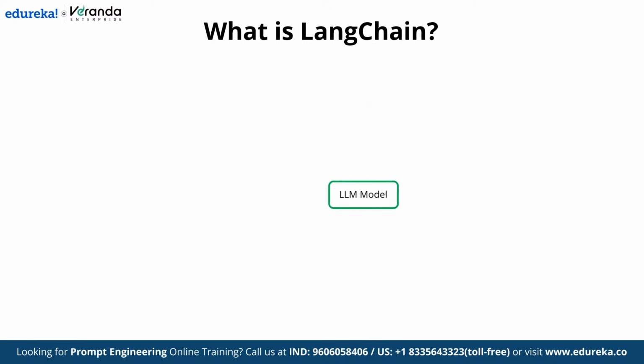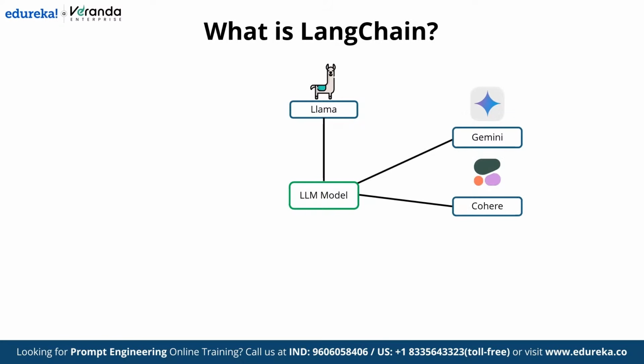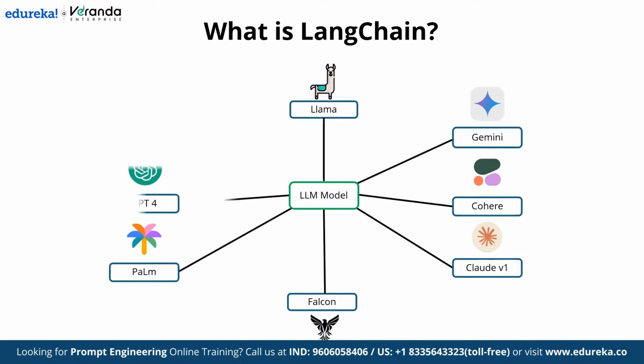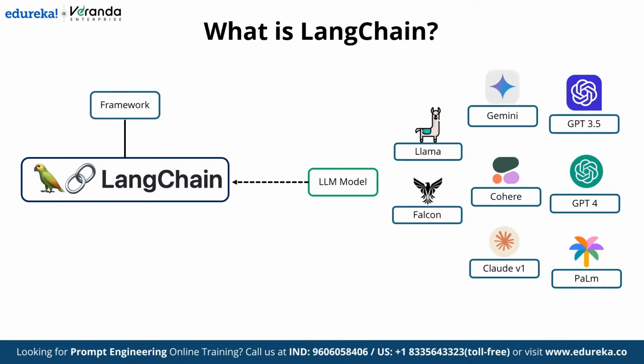Additionally, there are other advanced models such as Llama, Cohere, Claude version 1, Falcon, and Palm. LangChain is a framework designed to help developers build flexible and powerful AI-driven applications by integrating and utilizing these diverse models effectively.